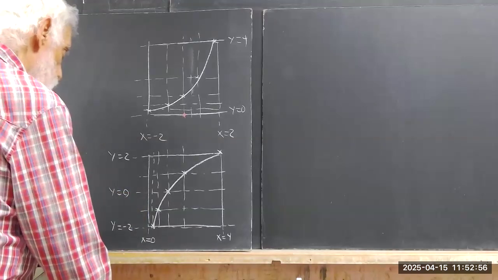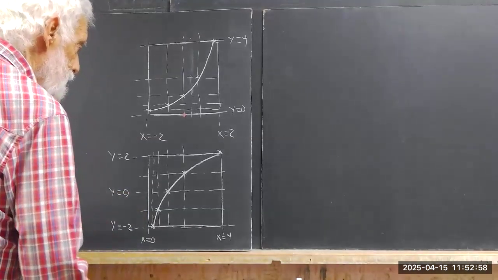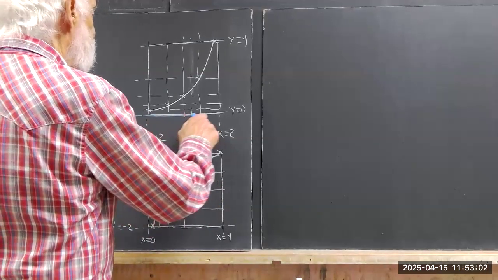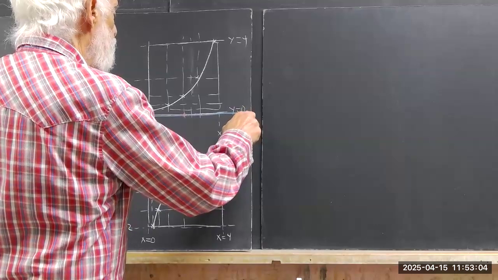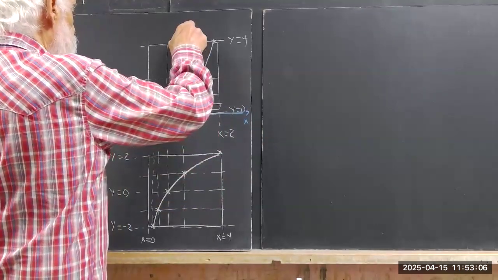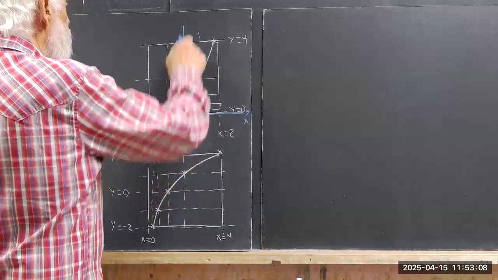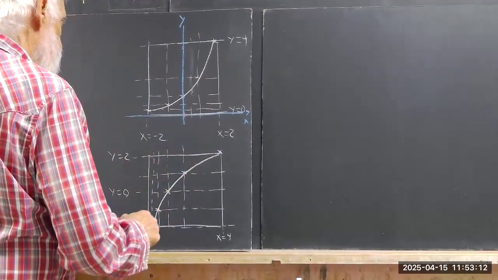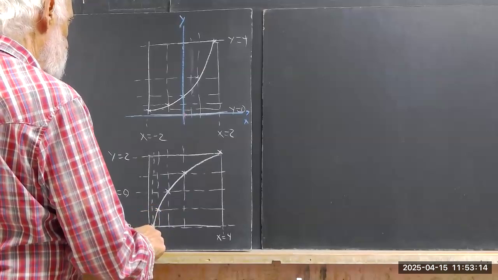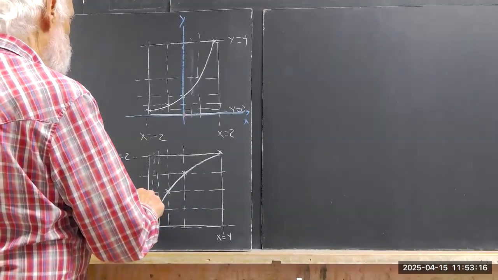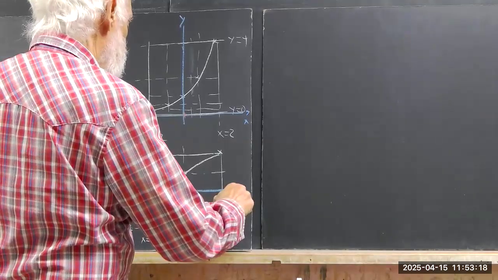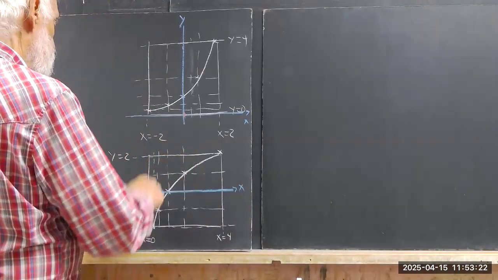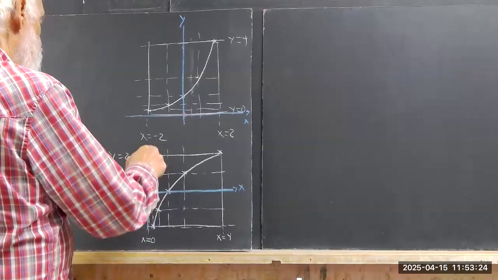So our x and y axes, this function, here's the x-axis. Here's the y-axis. This picture, where's the x-axis? It's at y equals 0, it's in the middle. It's the y-axis, it's at x equals 0.